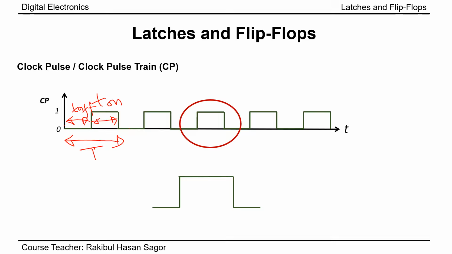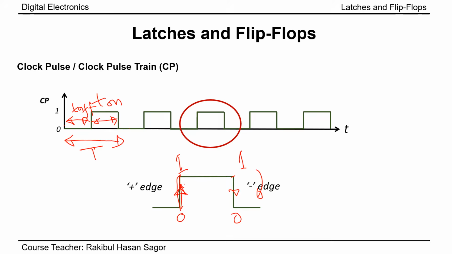There are edges in both sides. We have an edge in the left side and in the right side. When clock pulse goes from 0 to 1, this edge is named as positive edge. When clock pulse goes from 1 to 0, this portion is named as negative edge.